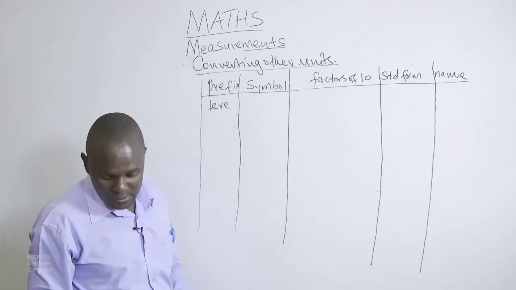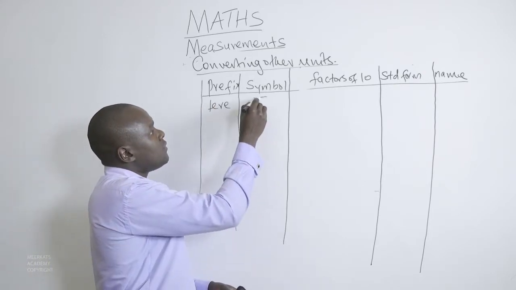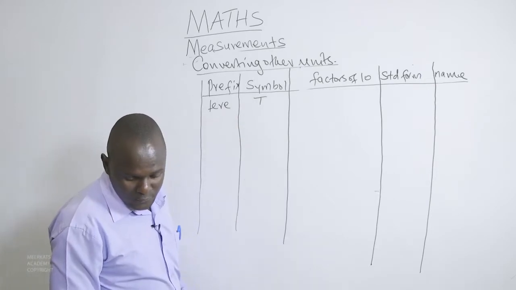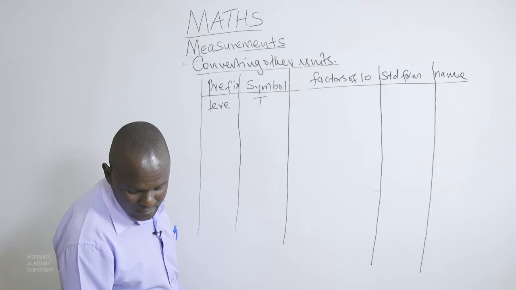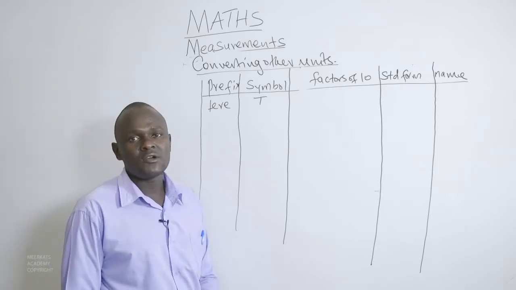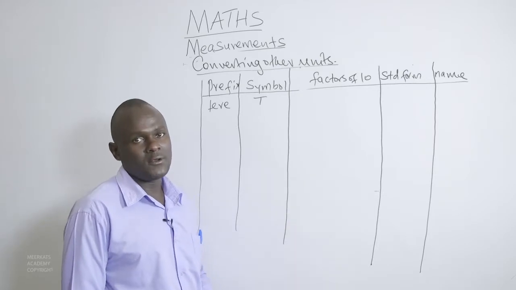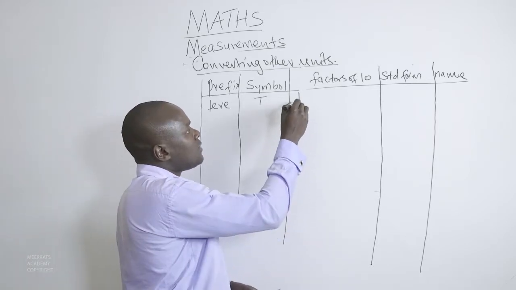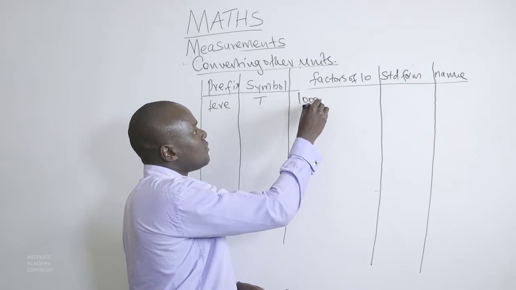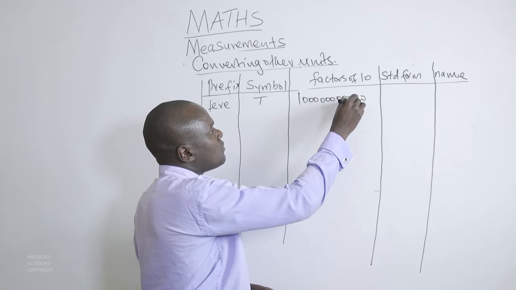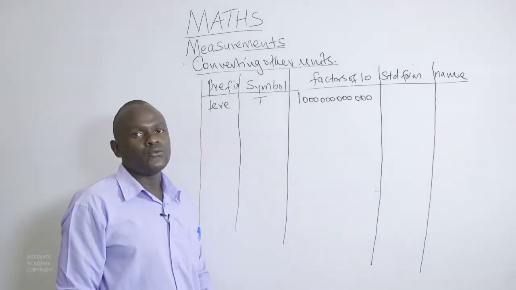Tera, the prefix tera, is symbolized by the letter T, and the factor of 10, tera, means a trillion, from the word T, trillion, tera, trillion. So the factor of 10 is a trillion with 12 zeros.